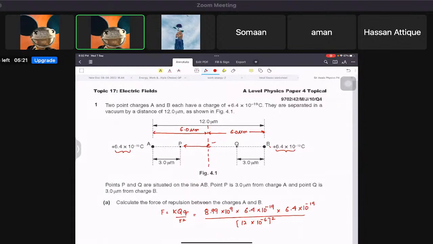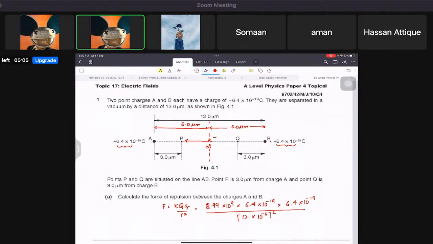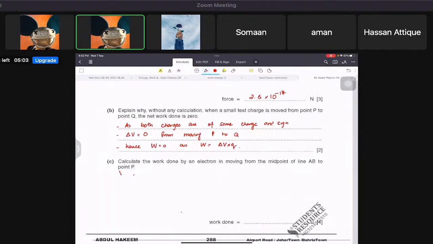Now, whenever you're moving and they want you to find the value of charge, work done, or potential, first of all, let's call this point M. The best thing is that you will first find the total potential, the net potential at M.